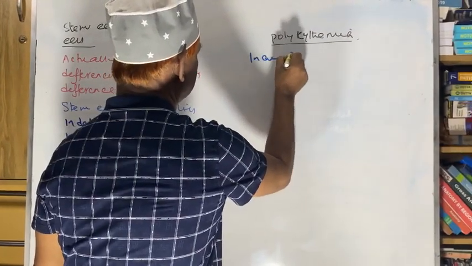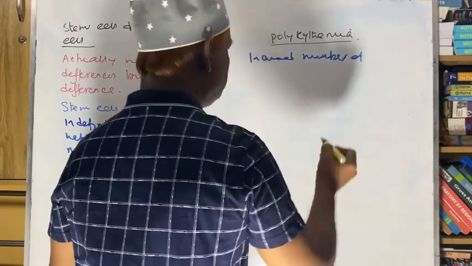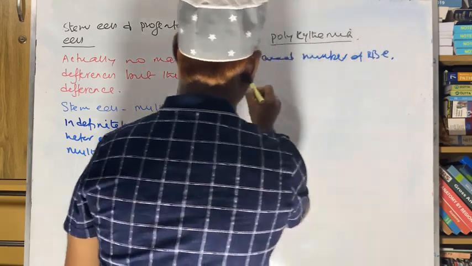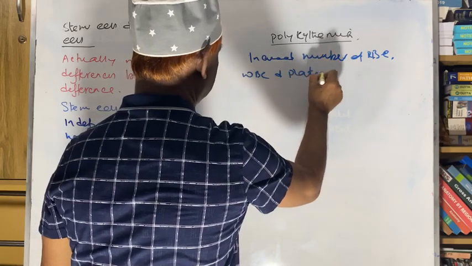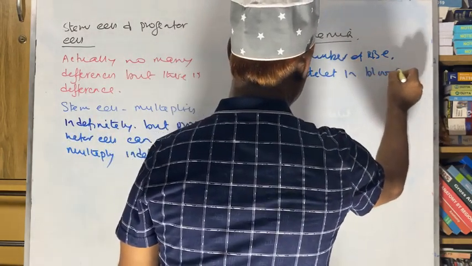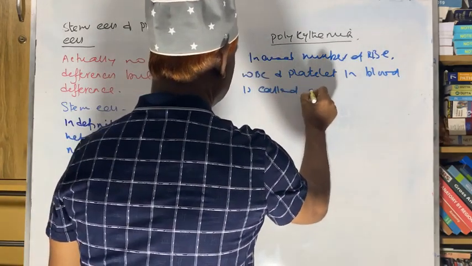Now come to polycythemia. Increased number of RBC, WBC and platelet in blood is called polycythemia.